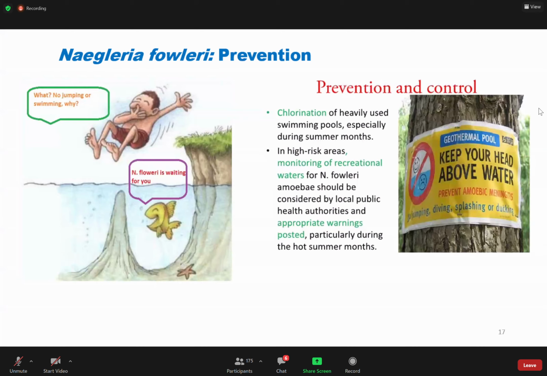Because if you swallow the water, it's okay. The trophozoite cannot survive the passage through the GI, okay? And remember that the trophozoite is the infective form, okay? You can also chlorinate the body of water, particularly if you have recreational swimming pools. You can chlorinate it because the trophozoites are susceptible to chlorine. They will be destroyed, okay?